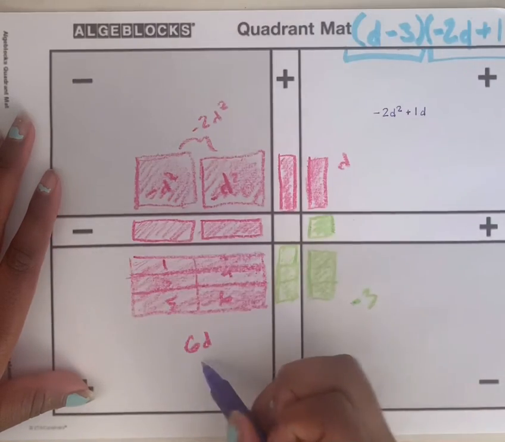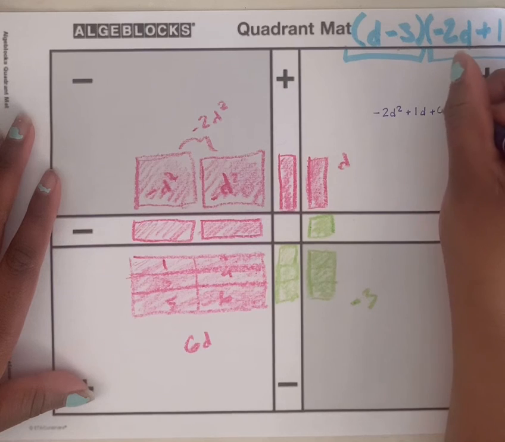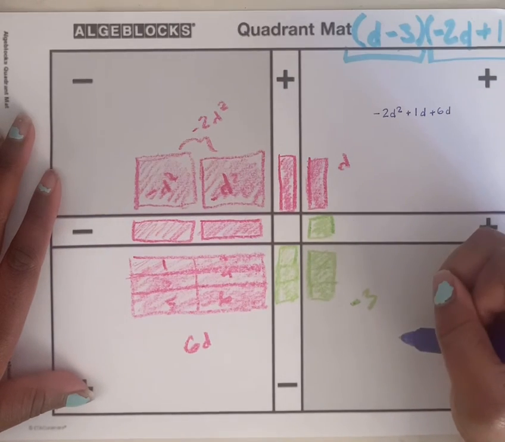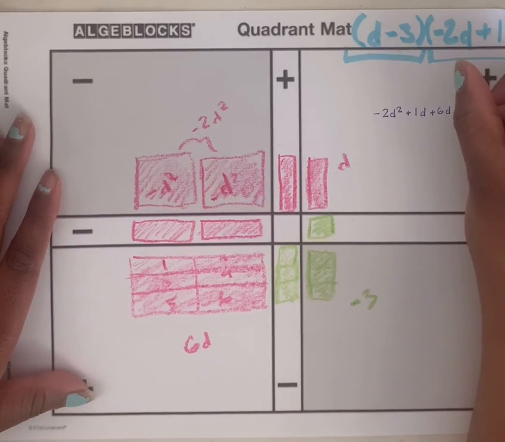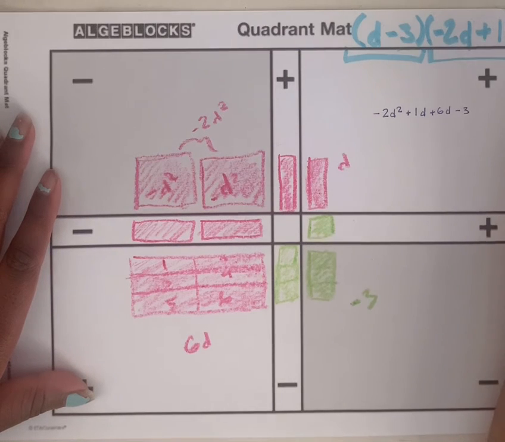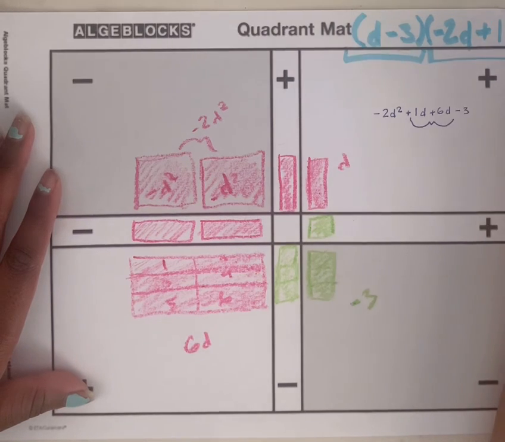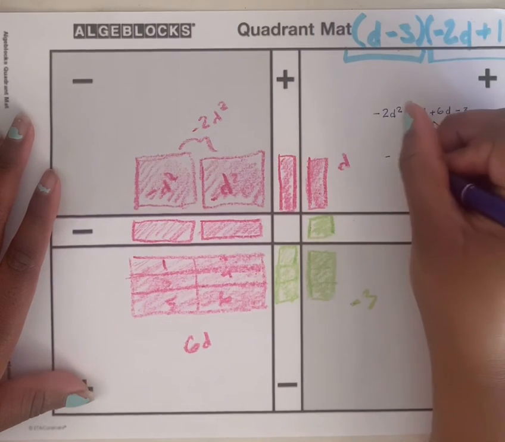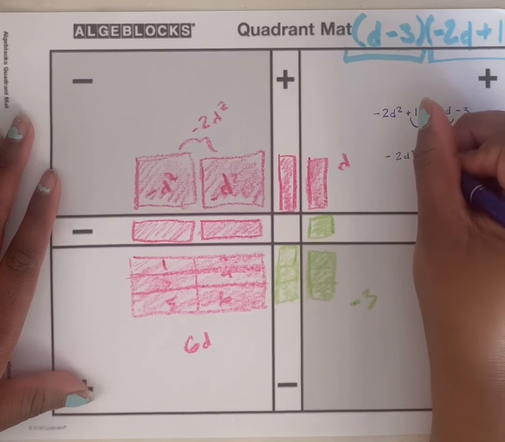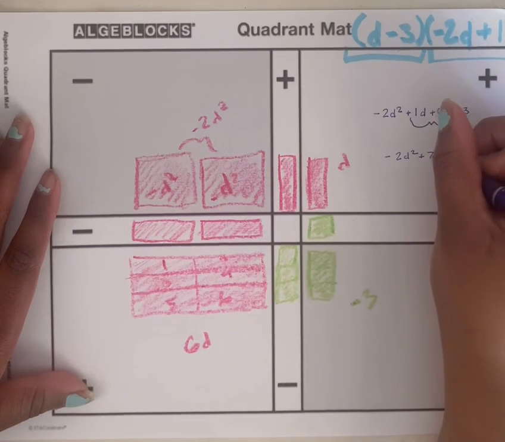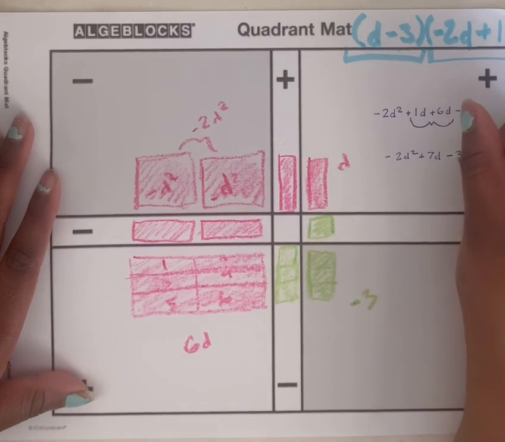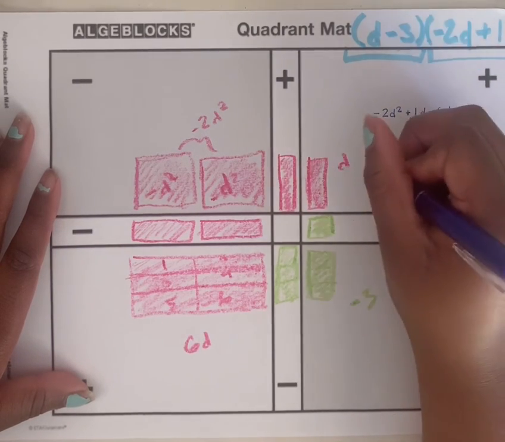Okay, and then we got 6d down here, so it's plus 6d. And then we have negative 3, just a constant down here. Just put that into an equation. So we have 2 like terms here that we can simplify, and then we're going to receive negative 2d squared plus 7d minus 3. And that gives us the answer to our problem.